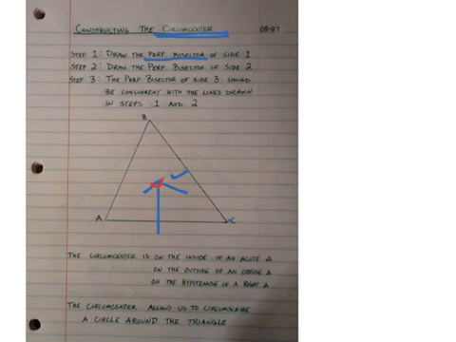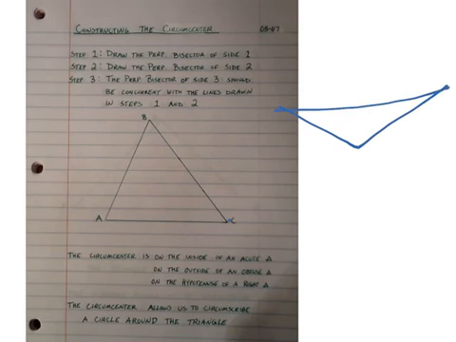A few subtle notes about circumcenter: the circumcenter is on the inside of an acute triangle. It's on the outside of an obtuse triangle. So the circumcenter of this triangle might actually be outside of it. And then on a right triangle, the circumcenter will actually occur somewhere on the hypotenuse.